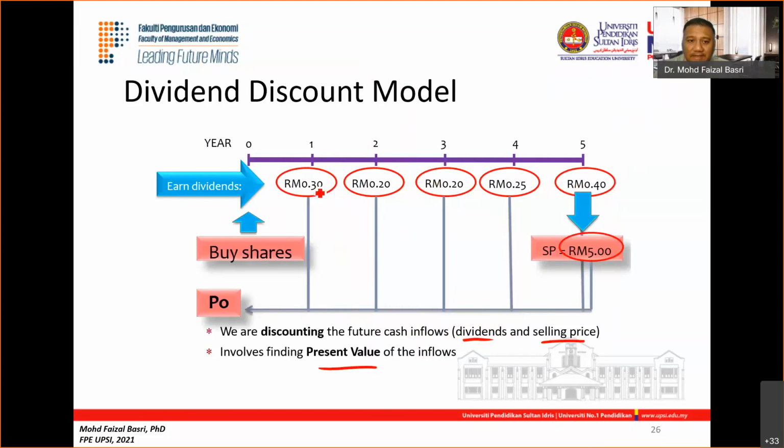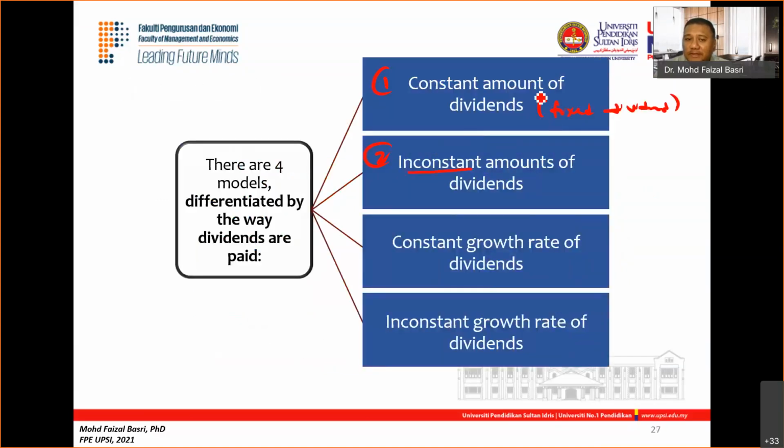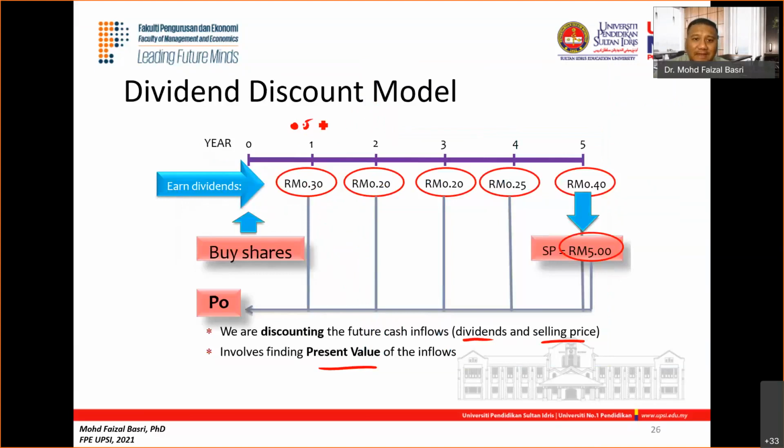For example, 30 cents and then drop to 20 cents, remain 20 cents in the third year, then increase to 25 cents in year 4, then increase further to 40 cents in year 5. So the amount of dividend changes from one year to another. Whereas based on the first model, it would be, let's say, 50 cents every year, the constant amount of dividend or fixed dividend.